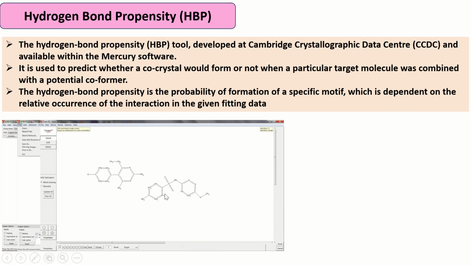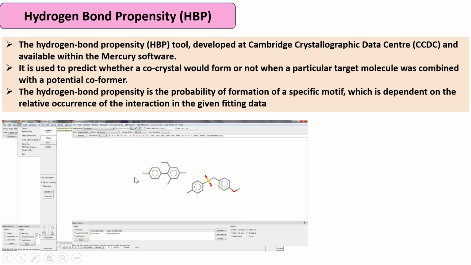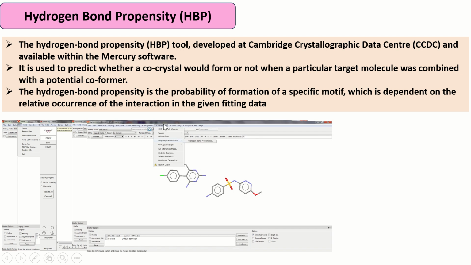After drawing, we will click on done, and after that a window will appear. Then you will click on CSD Materials. On CSD Materials, you will see these options, and out of these options you will click on polymorph assessment and then on hydrogen bond propensities.